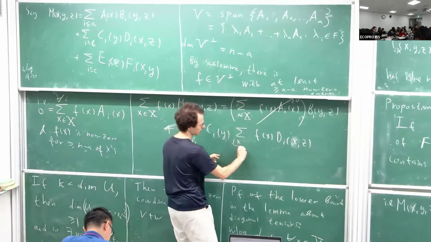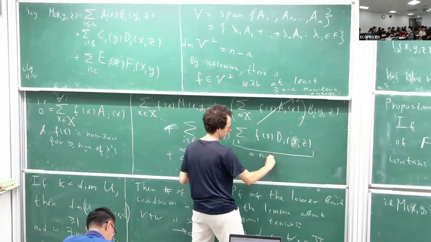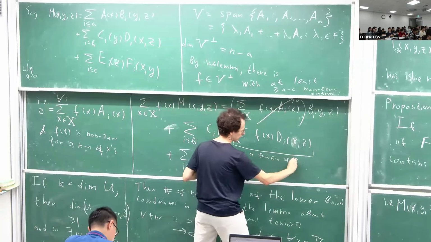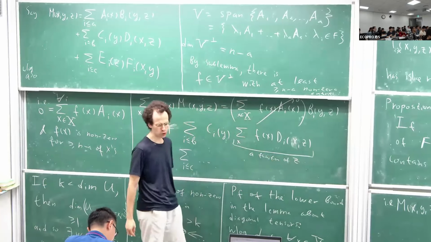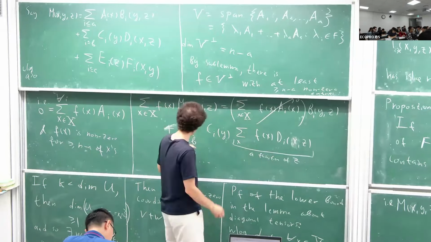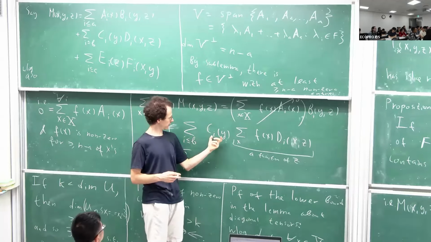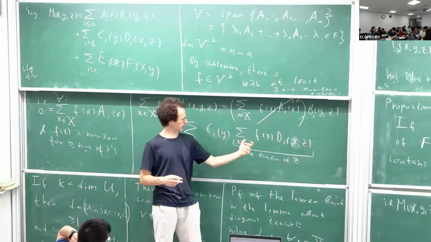This thing here is just a function of z. I don't know what the function is, but it's a function of that. So this sum is really of the form: take a function of y times a function of z.